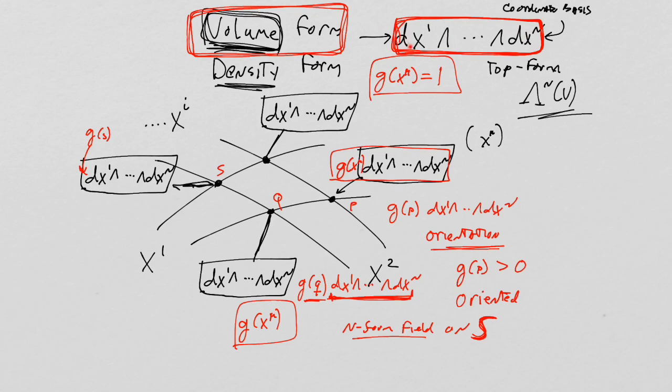Well, what consumes volume elements and gives real numbers? Density. So I like to call this a density. I'll go into that a little bit later. I don't want to digress into the theory of integration on these forms. The literature actually uses both, although it uses volume form a little bit more. However, I think the density idea is a little bit more mature. But that is actually an opinion.